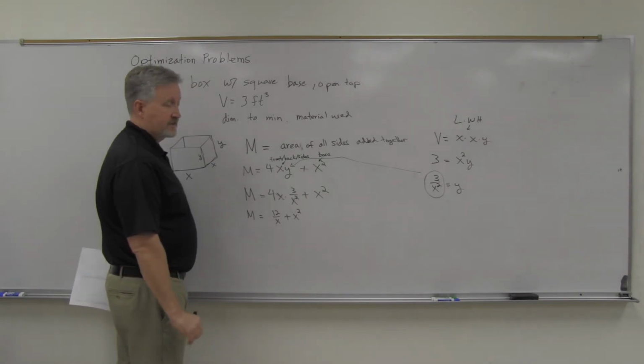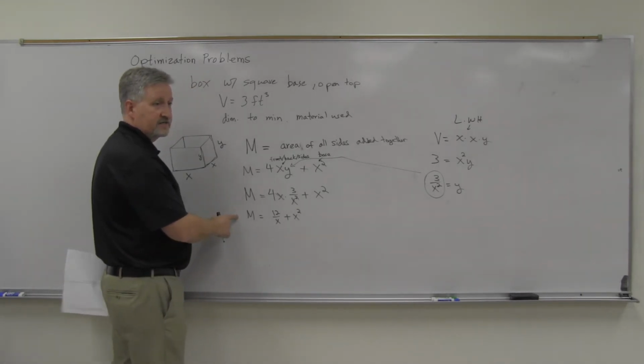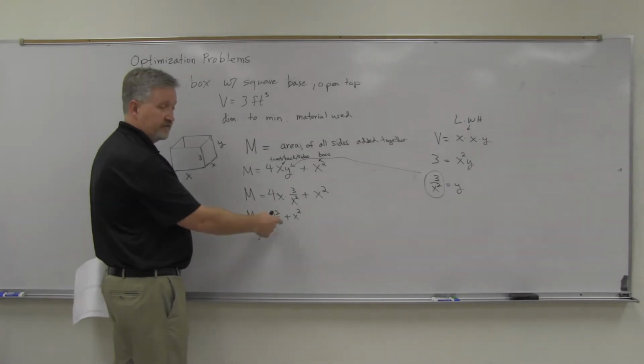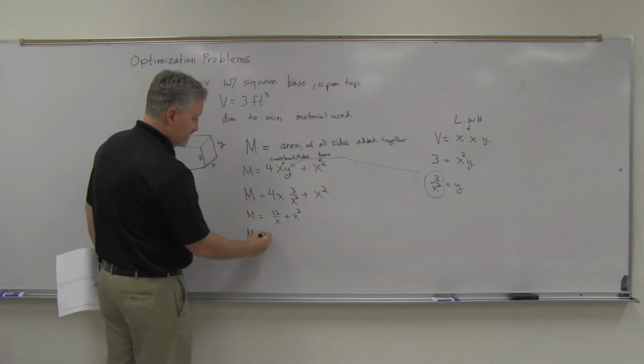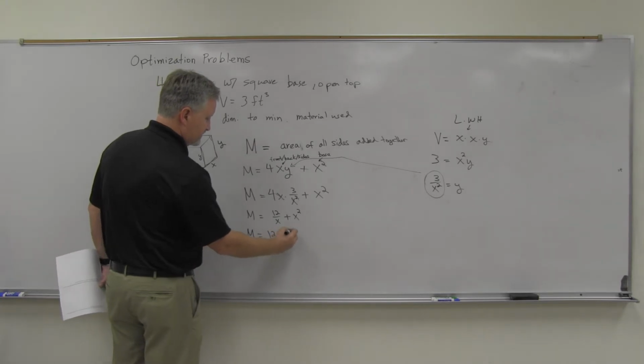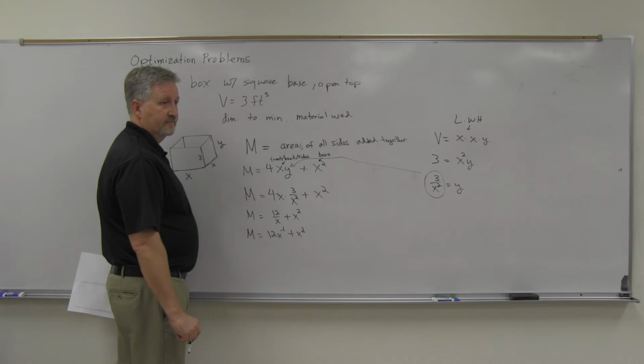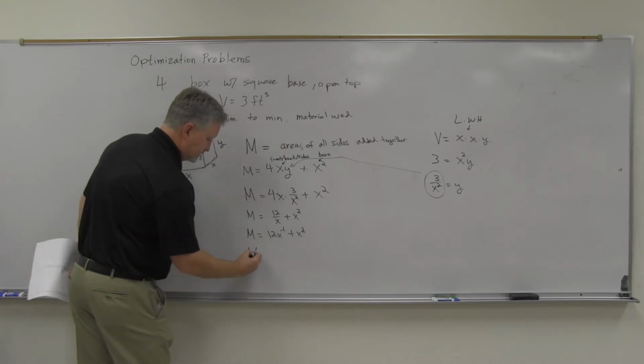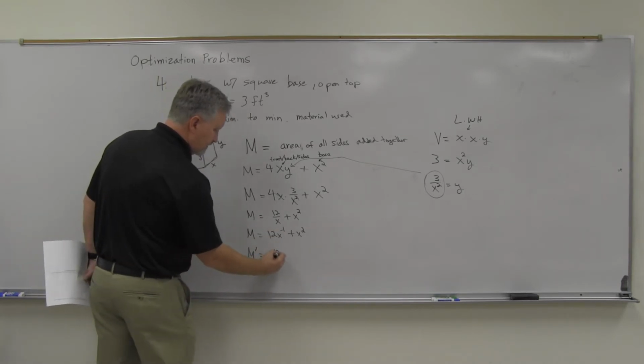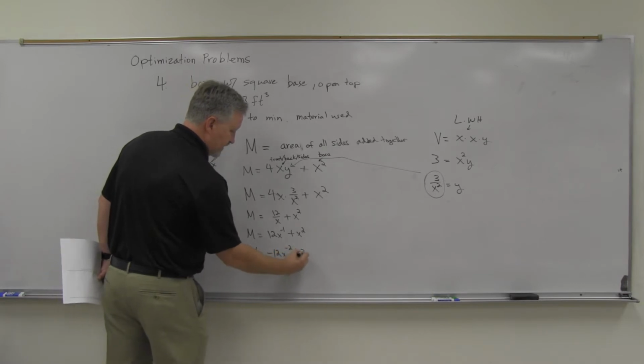For purposes of minimizing with the derivative, I'd probably write that as m equals 12x to the negative 1 plus x squared. Yes? Get the derivative: negative 12x to the minus 2 plus 2x.